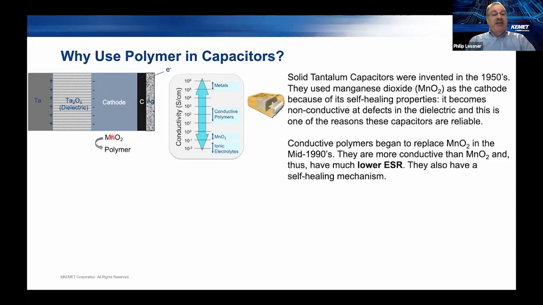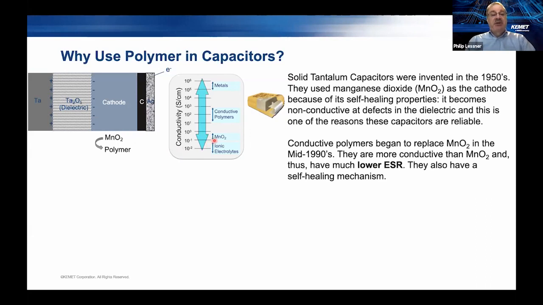The MnO2 cathode served the tantalum industry very well, and still does serve it well in capacitors. MnO2 is used because it has a self-healing ability. If there's a defect in the dielectric, the MnO2 is transformed to a non-conductive manganese oxide, which forms a plug in that defect site and causes the capacitor to heal and reduce leakage again to near its original specification.